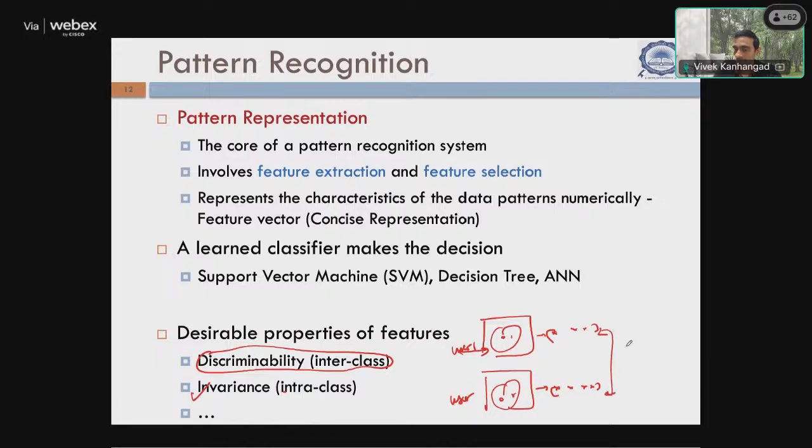Now, when you compare them, let's say by Euclidean distance for simplicity, you want this to be as high as possible, because these two image samples belong to two different classes. This is an example of class one, this is an example of, let's say, class two. These are two different examples, data points belonging to two different classes.